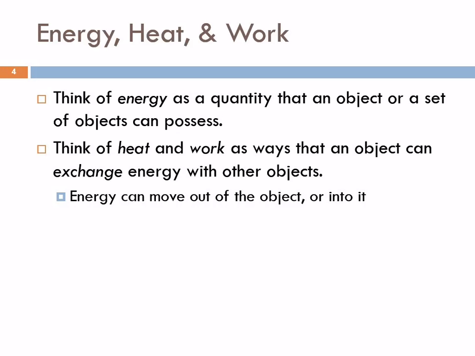Heat and work are the ways that those objects can transfer energy. Energy can move out of an object or into it. Money can leave your checking account or come into it. Money can leave your wallet or come into your wallet. Your wallet would be the object, and the money is the energy that's coming in or out.